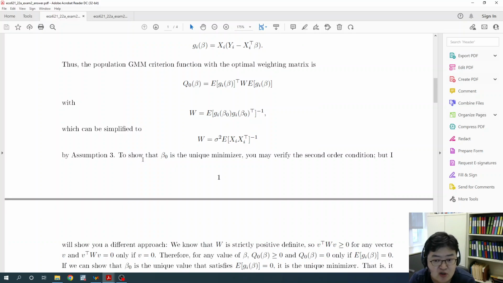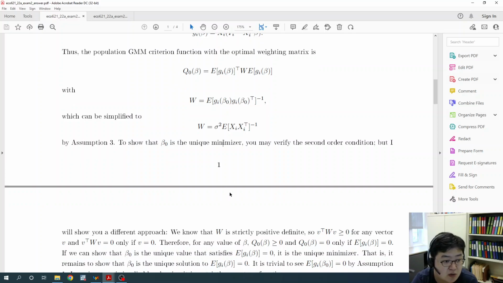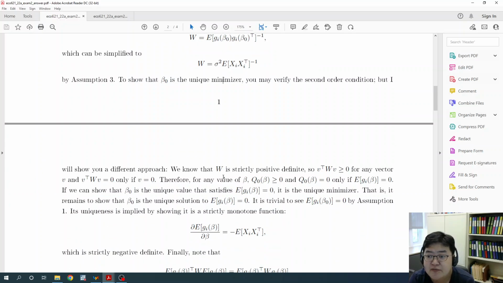You can do the same thing as we did in part A by showing the second order condition, but a more elegant way is to use strict positive definiteness. By one of the assumptions, we know that this matrix is strictly positive definite, right?